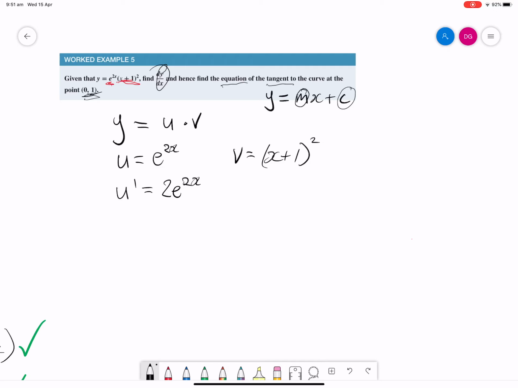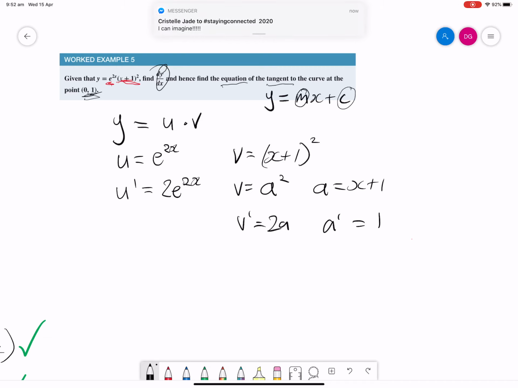We could also express v using the chain rule, and I'm not going to use u for obvious reasons because we've got u somewhere else, so I'm going to use a. So v equals a squared, where a equals x plus 1. We're going to use the chain rule to differentiate within the product rule. So v dash is equal to 2a times a dash, and a dash is equal to 1.